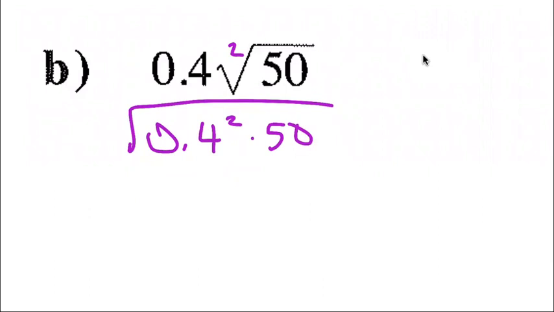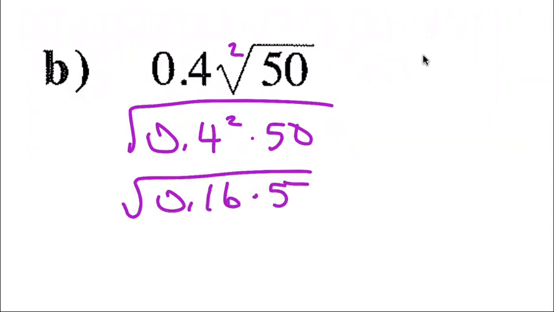As I quickly check on my calculator, 0.16 times 50, 50, not 5. And when I multiply that by 50, I get 8.